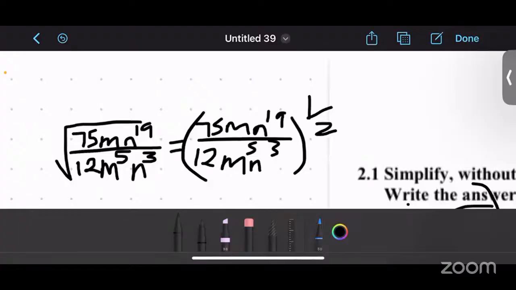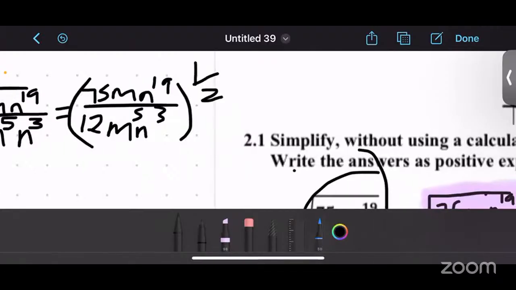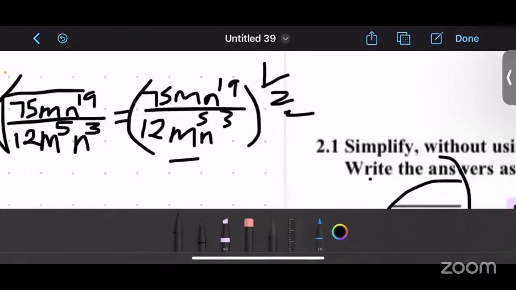I can either start by removing the brackets or work with what's inside the brackets first, so that when I remove the brackets I have only a few things to raise to the power of 1 over 2. I'm going to simplify whatever is in the brackets first, so that it's easier to remove the brackets. Is that clear?